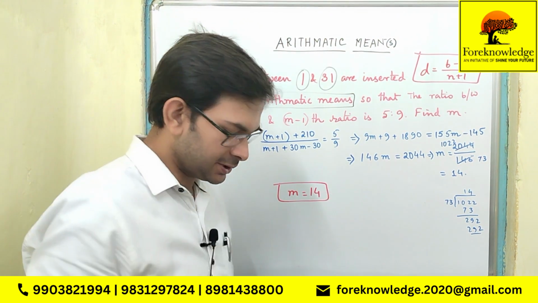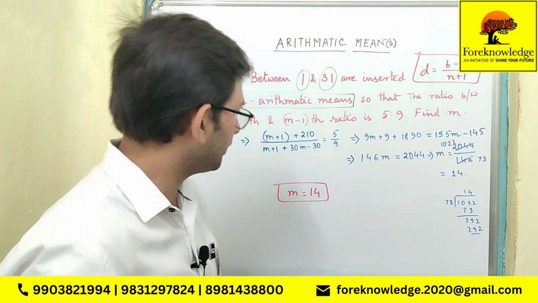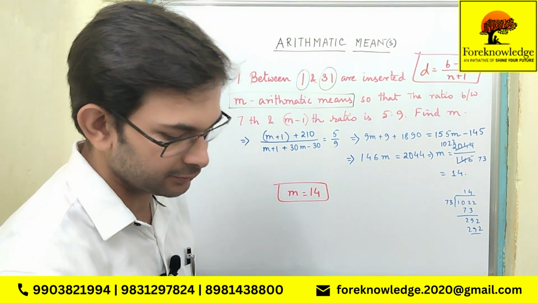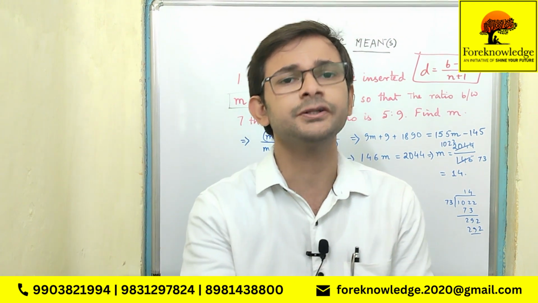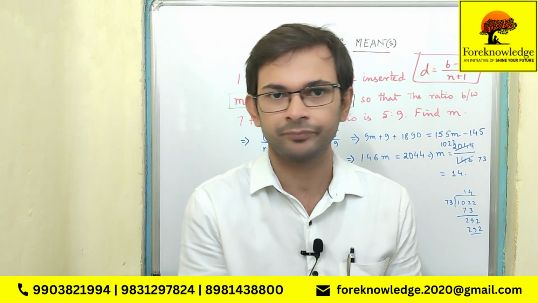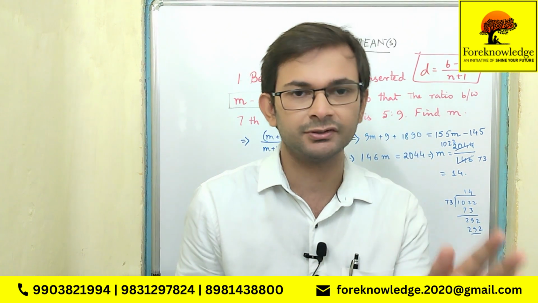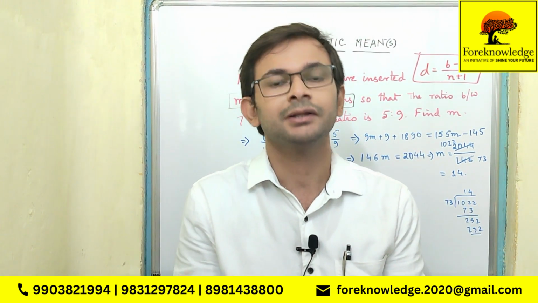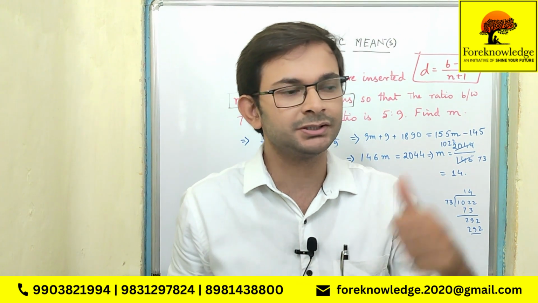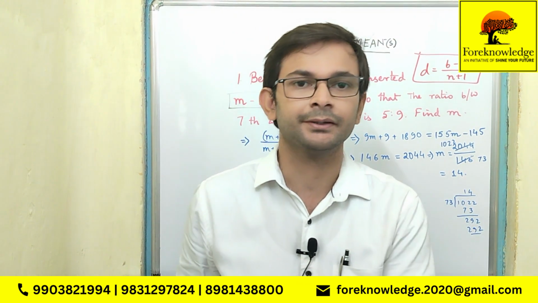So the problems are not very much difficult. What you need to use is the information given in the question. You have first term, you have last term, you have number of arithmetic means, and when you have number of arithmetic means, you have the number of terms in the AP.